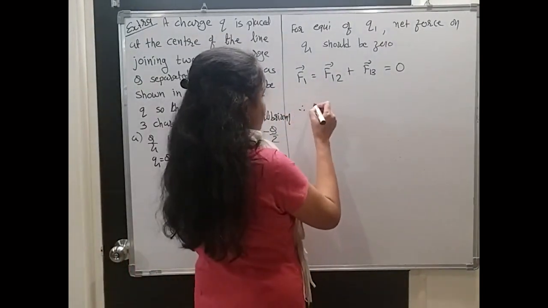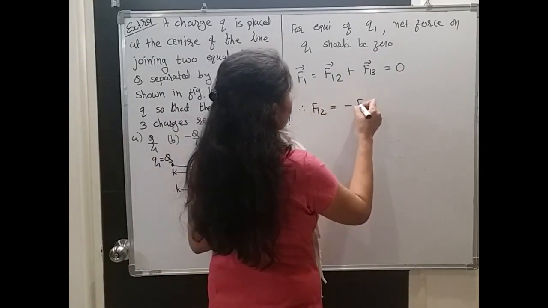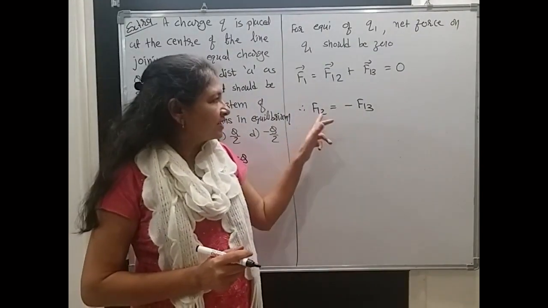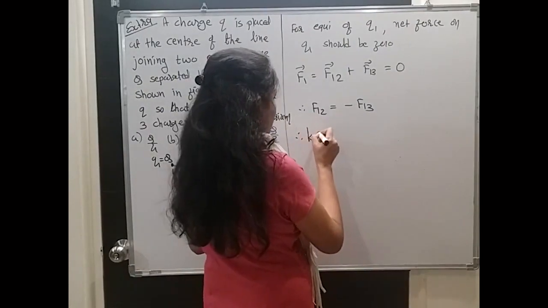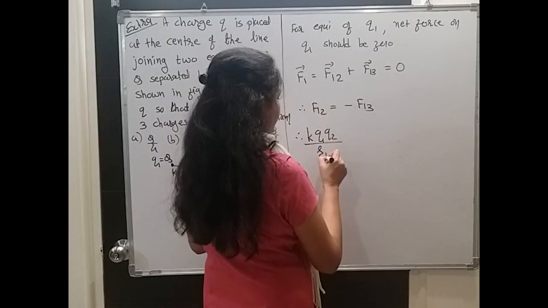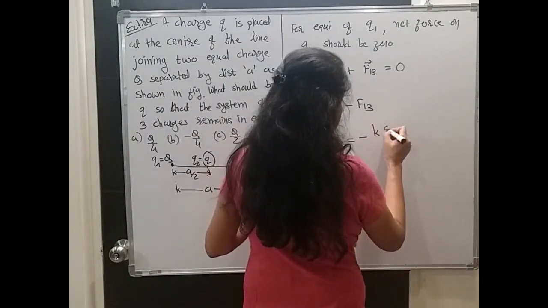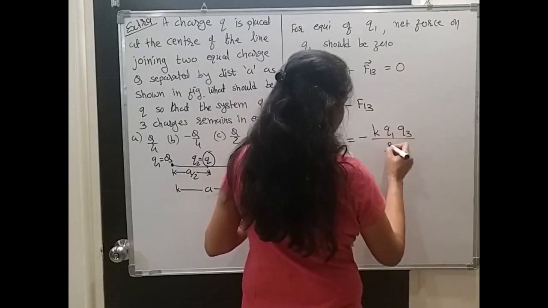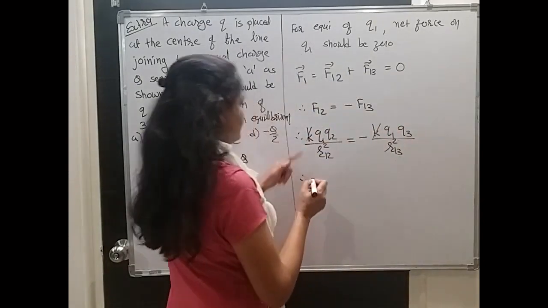So I can say that F12 equal to minus F13. Here I will consider only magnitude. Magnitude is K Q1 Q2 upon distance between 1 and 2, that is R12 square, equal to minus K Q1 Q3 upon R13 square. This K gets cancelled. Now let us put the values.